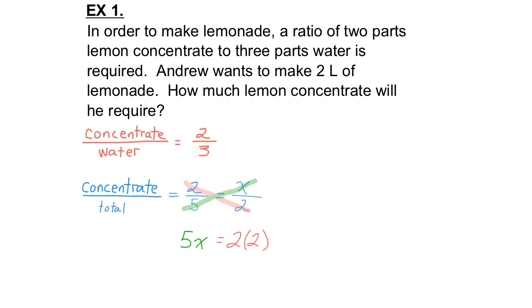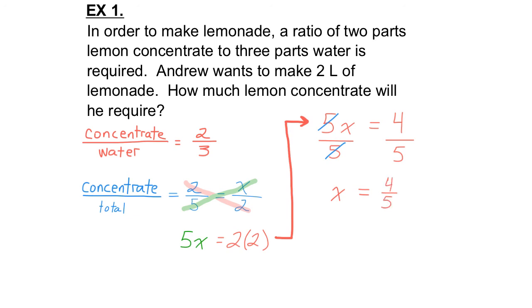So 5x equals 4. To solve for x, I need to divide both sides by 5. So x equals 4 over 5. Since we're asked how much lemon concentrate and our units are liters, we can turn this into a decimal, and that's fine. So 4/5 is 0.8. So he requires 0.8 liters of lemon concentrate.